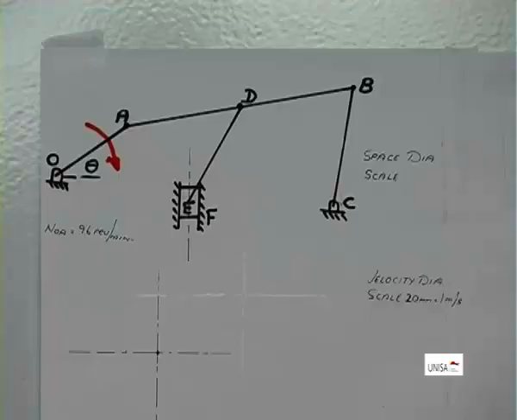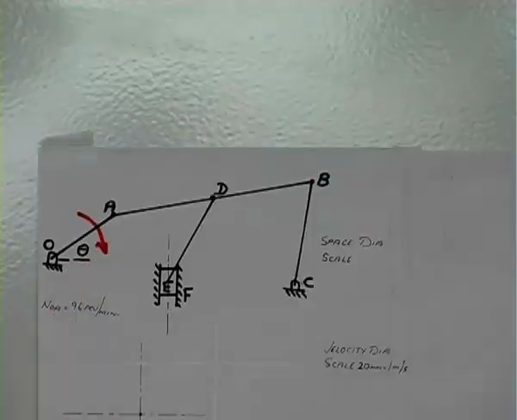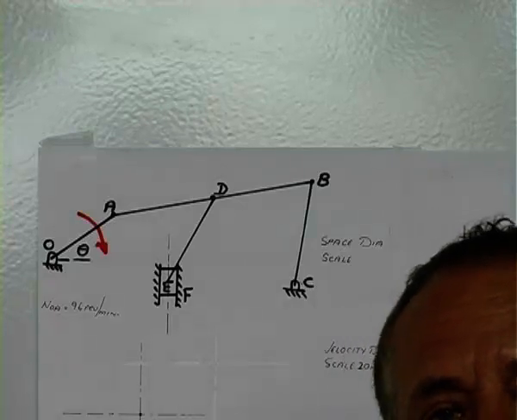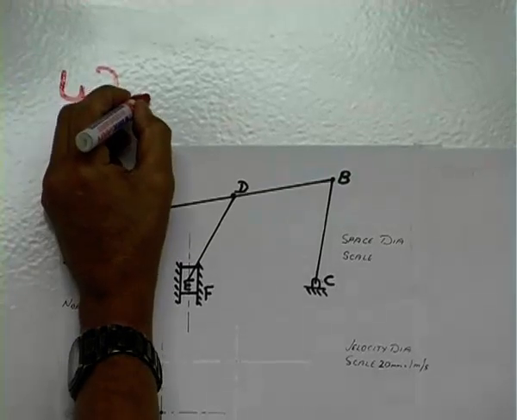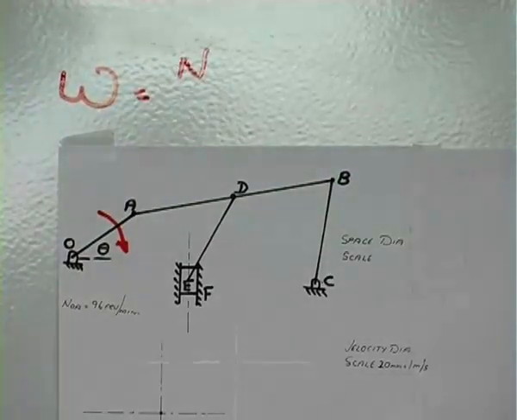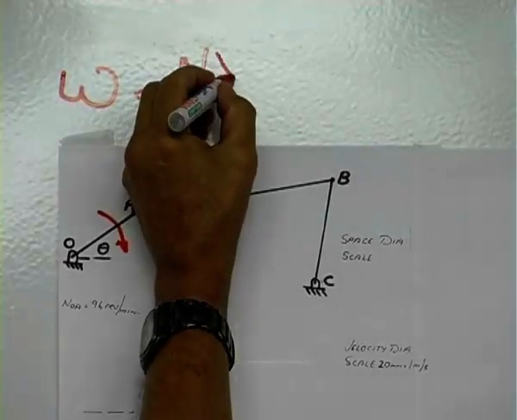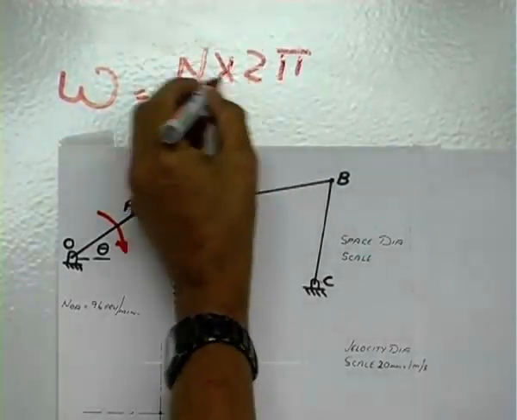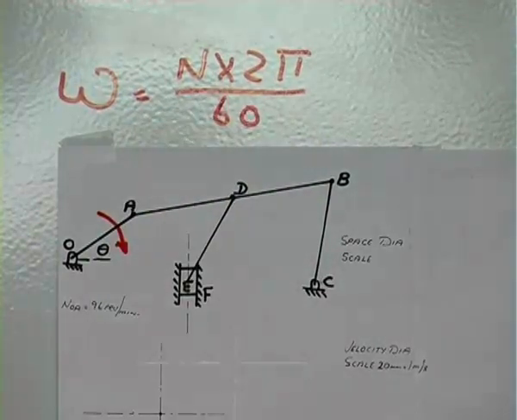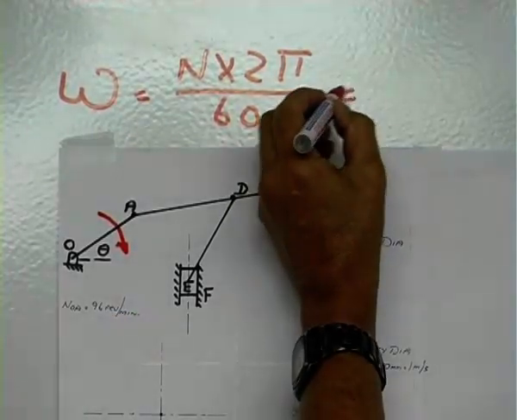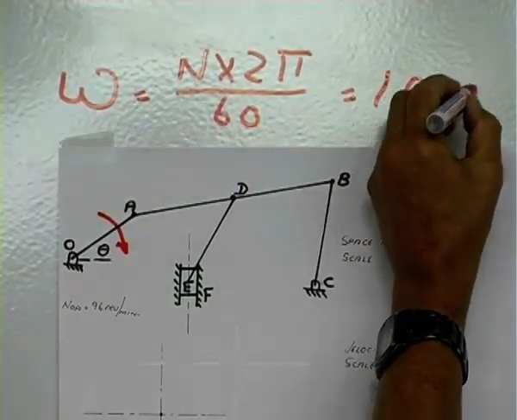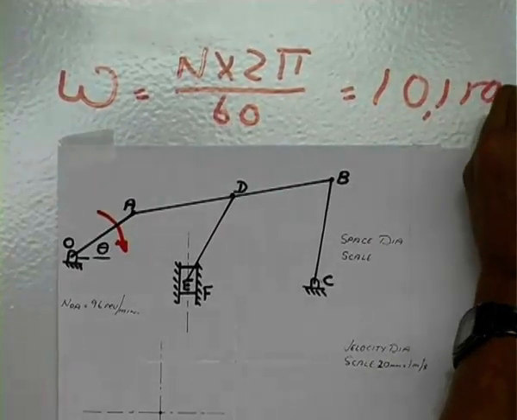They gave you the rotational speed of that link, the direction, and the speed in revolutions per minute, so change it to angular velocity. You know angular velocity equals rotational speed in revolutions per minute times 2 pi divided by 60. For a rotational speed of 96, that will give you 10.1 radians per second.